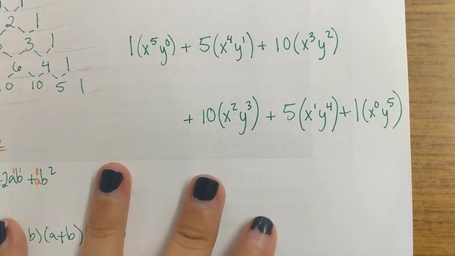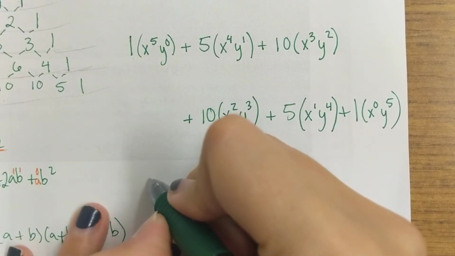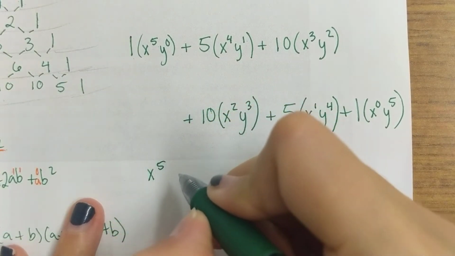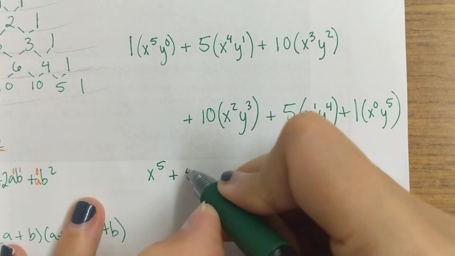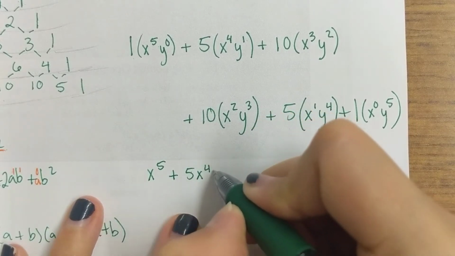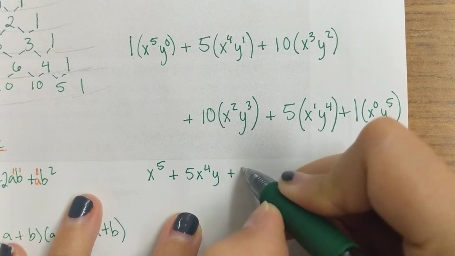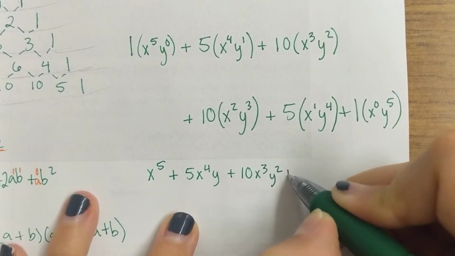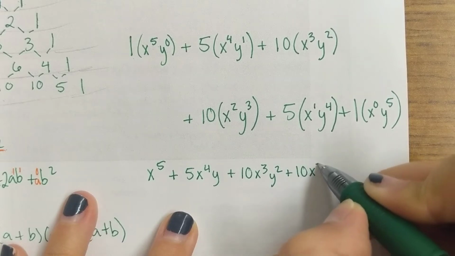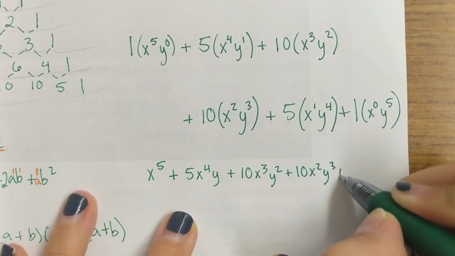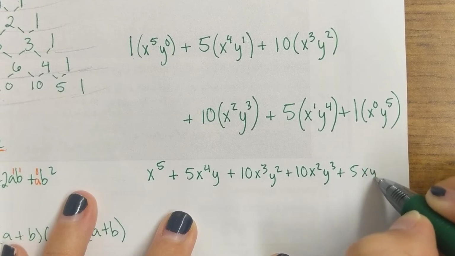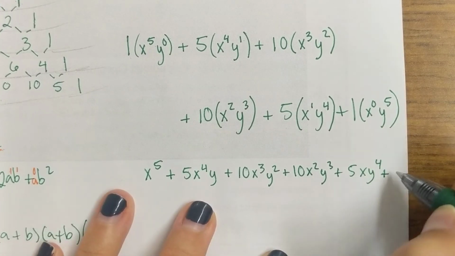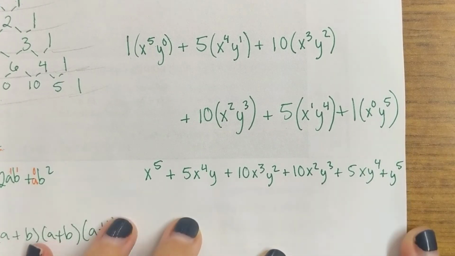So for our final answer, we get x to the power of 5 plus 5x to the 4th y plus 10 x cubed y squared plus 10 x squared y cubed plus 5 xy to the 4th plus y to the 5th power.